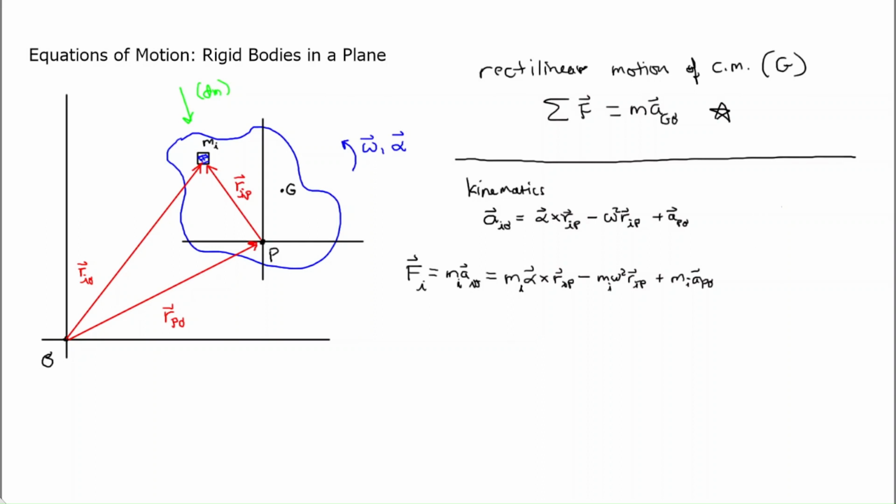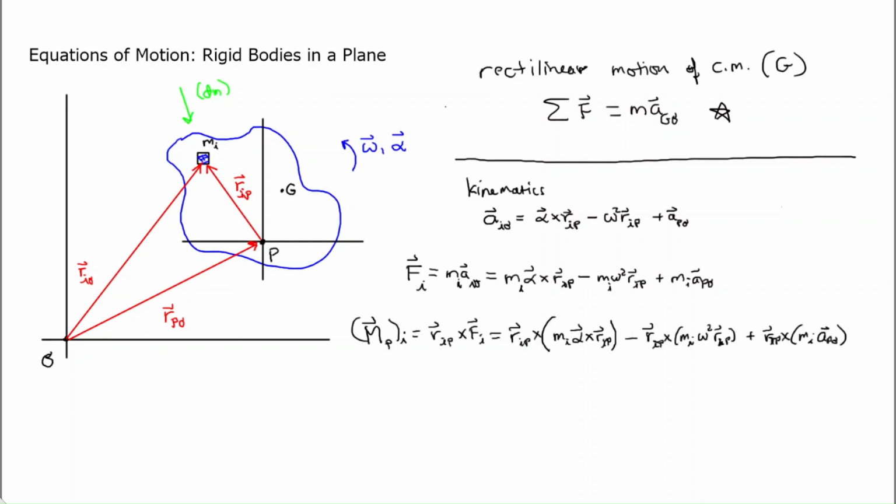Now because we're interested in rotations, we want to take the moment of this force, say about P. That is the torque of that force about P. So we need to take the cross product r sub ip crossed into F sub i.